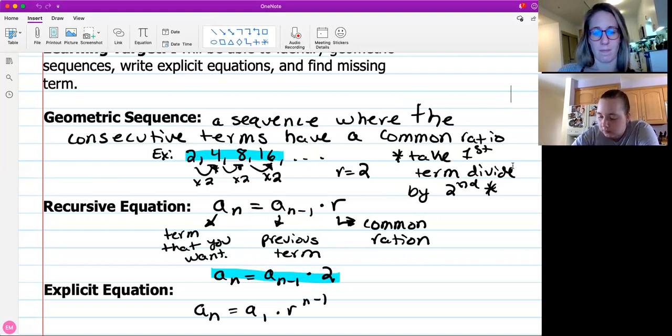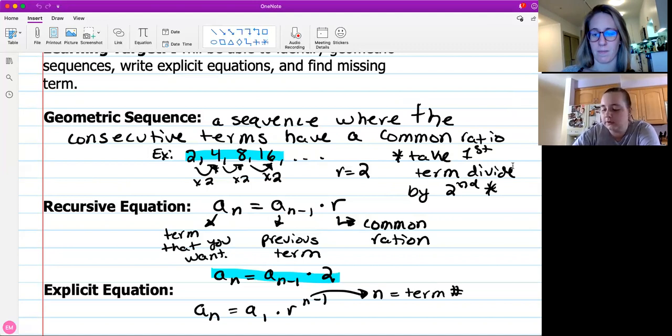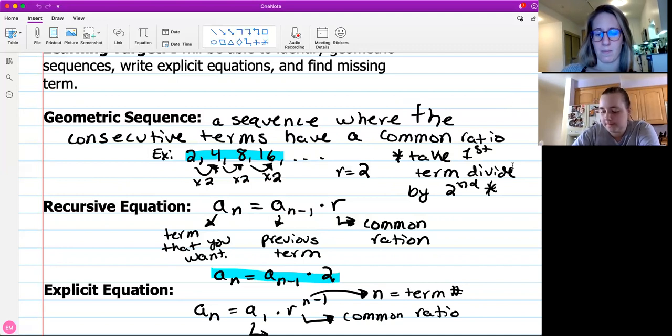So n right here, this is the term number. r is the common ratio. a_1 is the first term. And a_n is the term that you want.